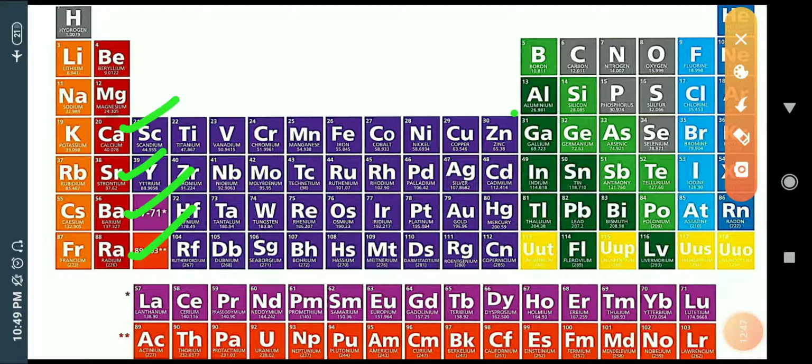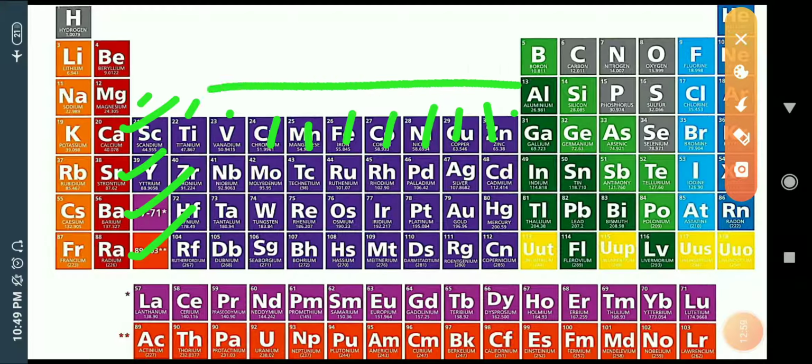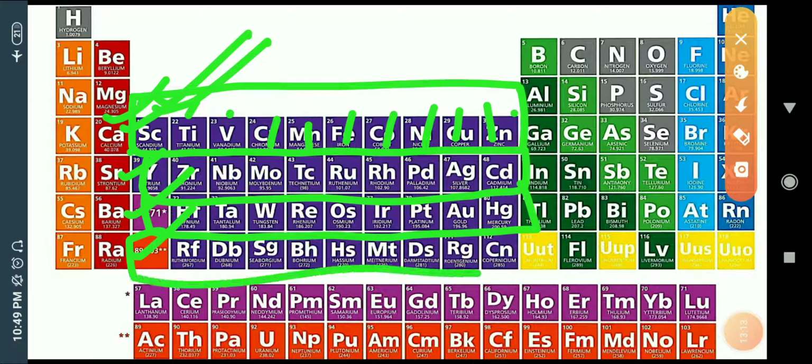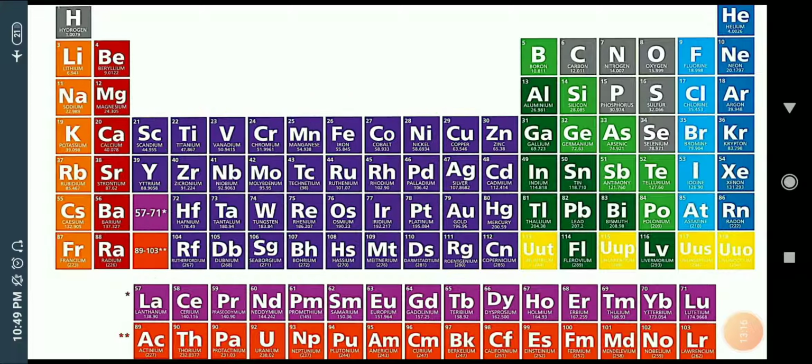For example, 3D series contains a total of 10 elements: 1, 2, 3, 4, 5, 6, 7, 8, 9, 10. It means each series contains 10 elements. Similarly, 4D contains 10, 5D contains 10, and 6D contains 10 elements.